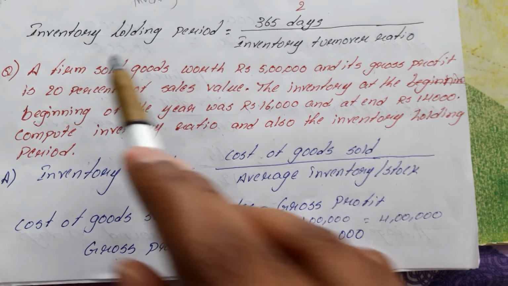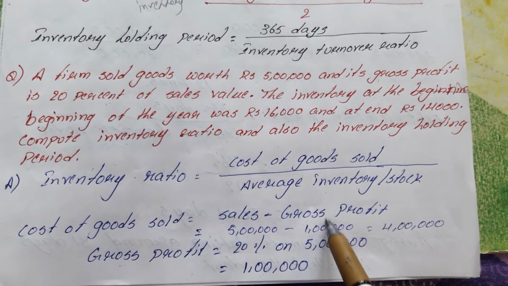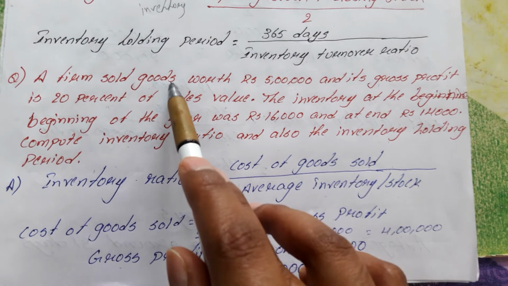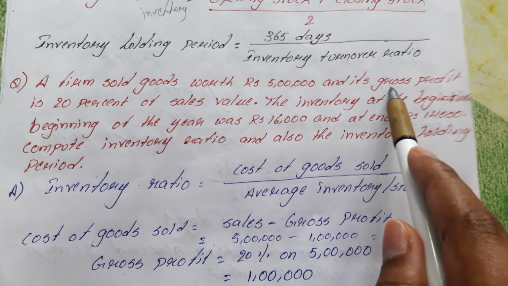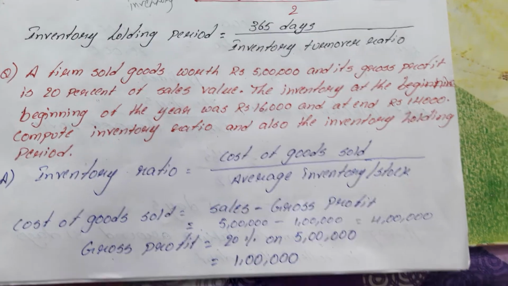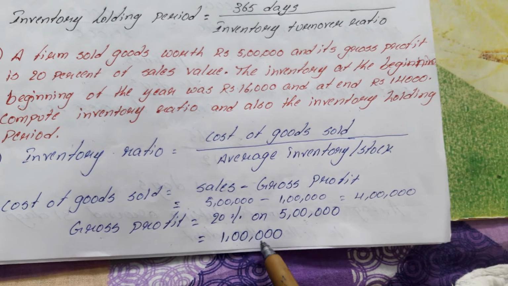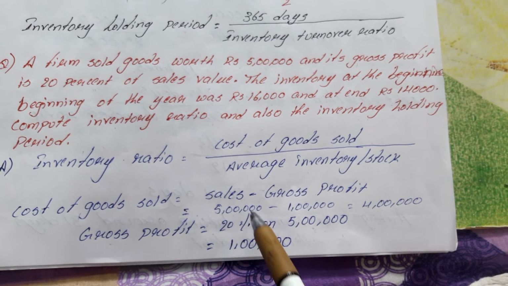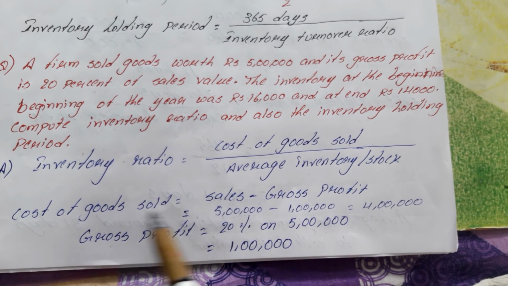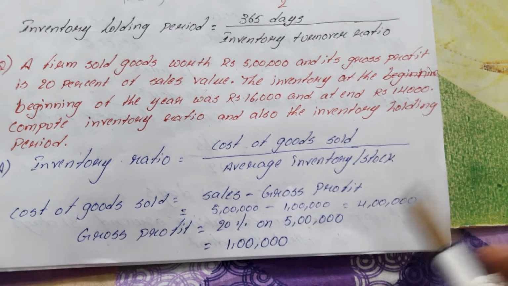Sales is rupees 5 lakhs and 20% of sales is gross profit. 20% on 5 lakhs is 1 lakh, so 1 lakh is our gross profit. Cost of goods sold is sales minus gross profit: 5 lakhs minus 1 lakh is equal to 4 lakhs.